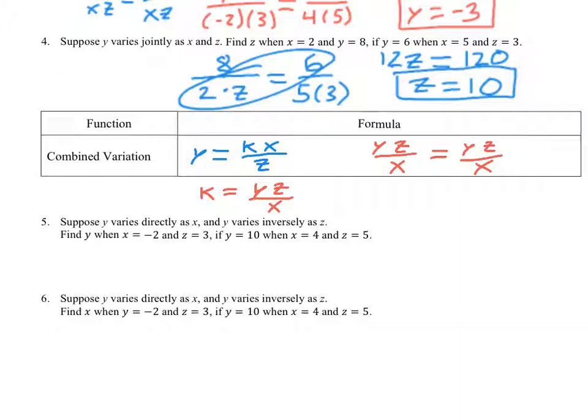Suppose y varies directly as x and y varies inversely as z. So we know that when it's direct, it goes underneath it, but when it's inversely, it goes next to it for the shortcut equation.